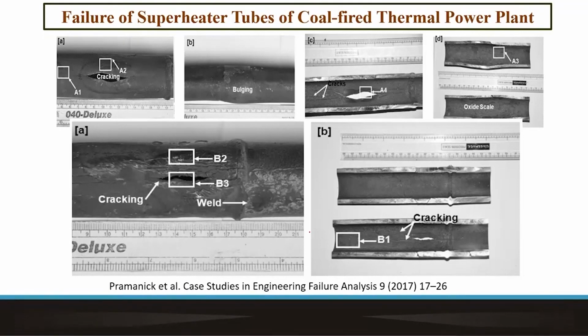So the combination of high temperature and high pressure can lead to creep damage, but more often, and even before creep can begin, what is quite common is oxidation of the layer at the surface, and the oxide layer gradually penetrating inside renders the steel surface fairly brittle, and it cannot take load anymore. So inside pressure tries to bulge the tube, and in the process, when the stress crosses the tensile strength limit, it can lead to creation of a crack, and the crack propagates, and that leads to such an elongated failure.